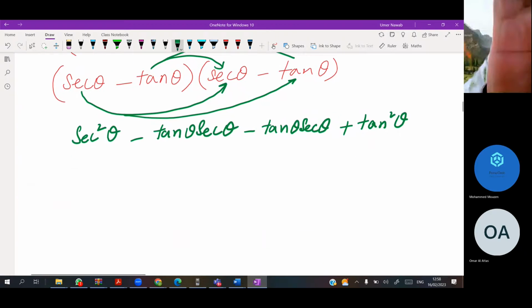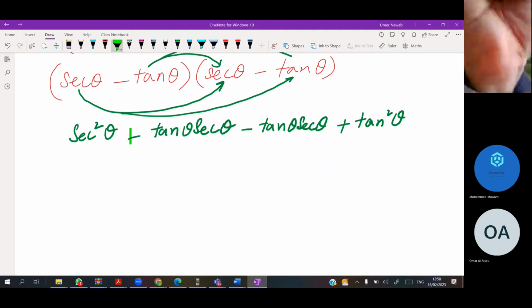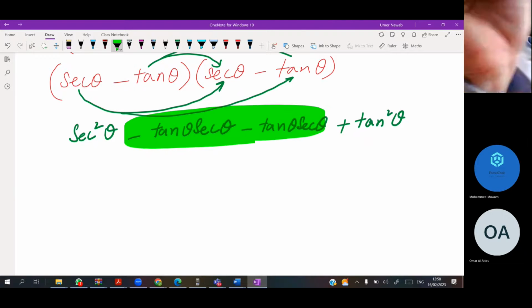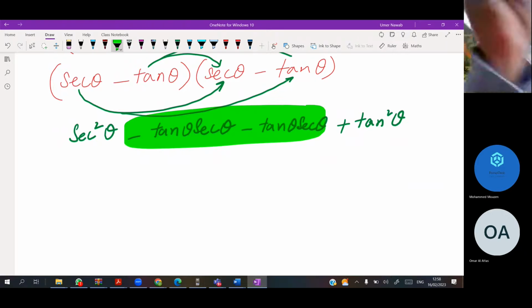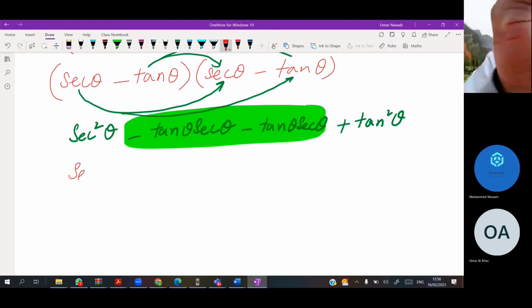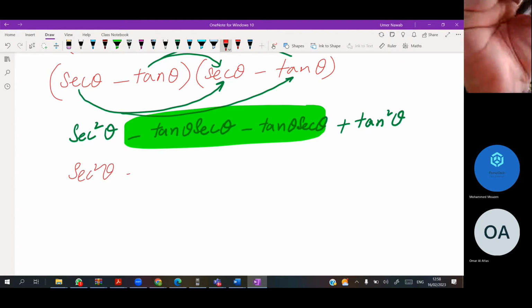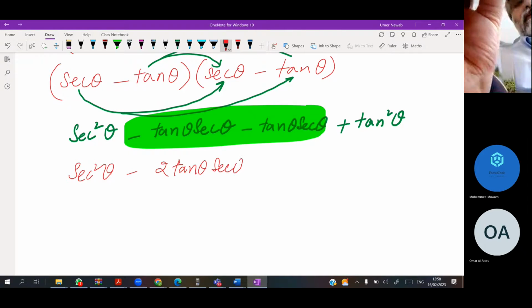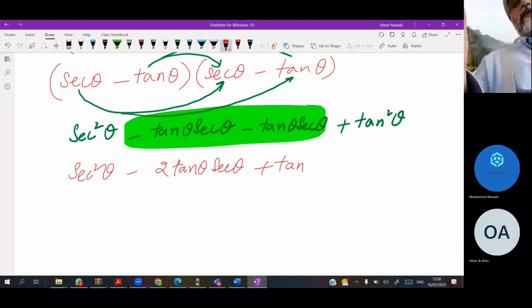I hope it clears. Now, minus tan theta secant theta and minus tan secant theta are the same thing. We need to add them up and it will give you secant square theta minus 2 tan theta secant theta plus tan squared theta.